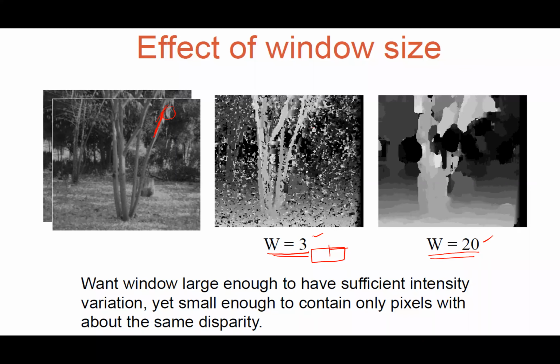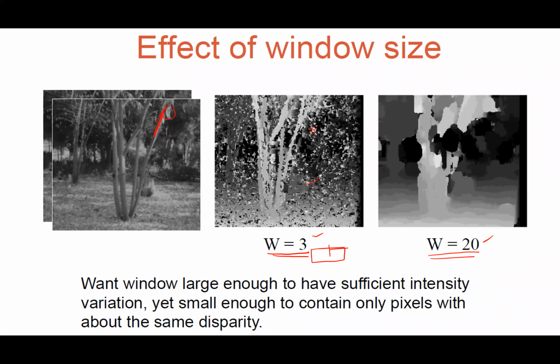Those things you could get here, but those details are missing the moment you are taking a bigger window. That's kind of an advantage you could see with the smaller window.